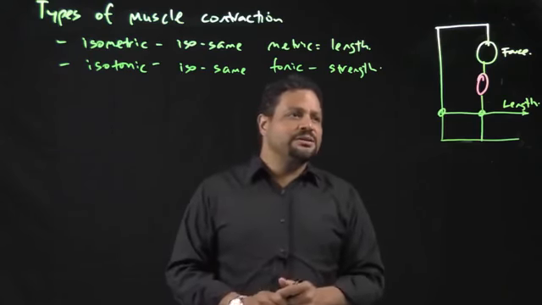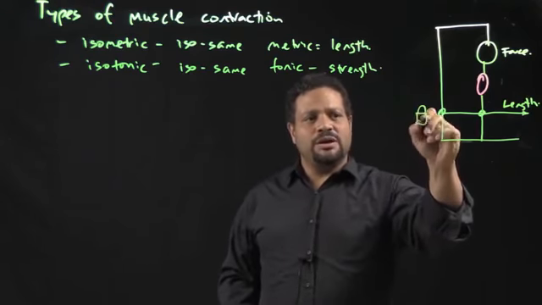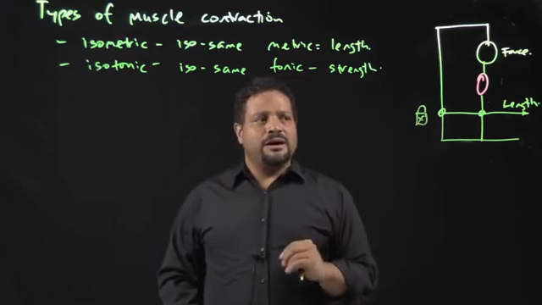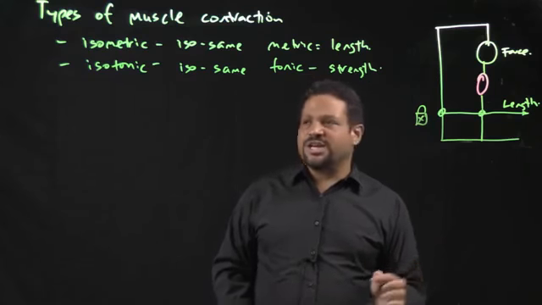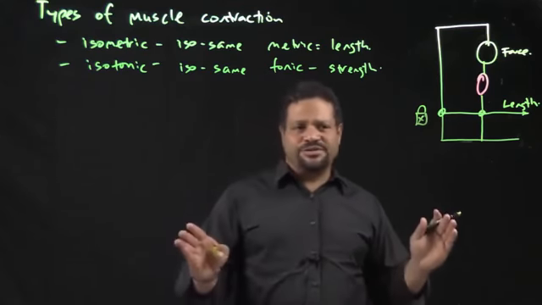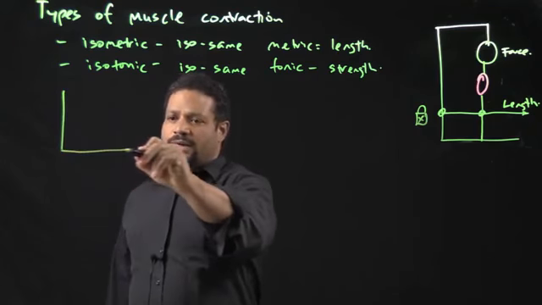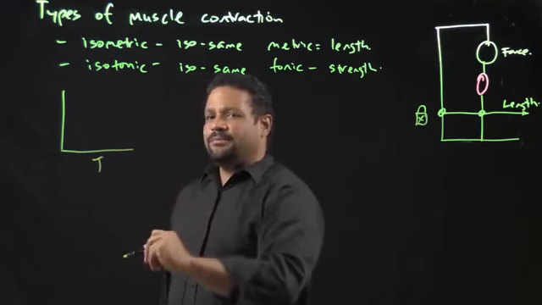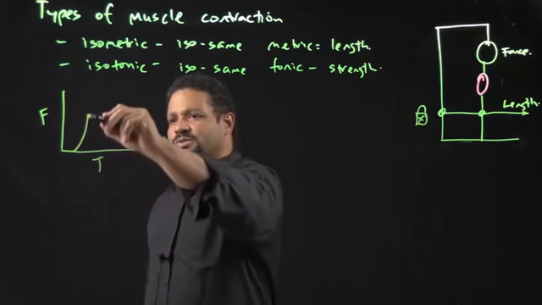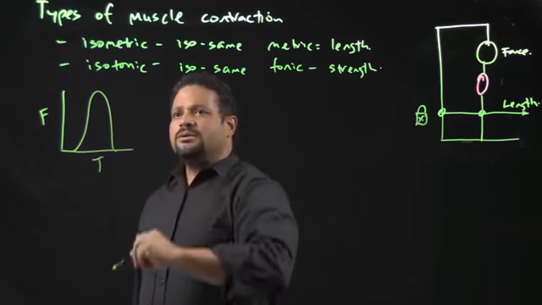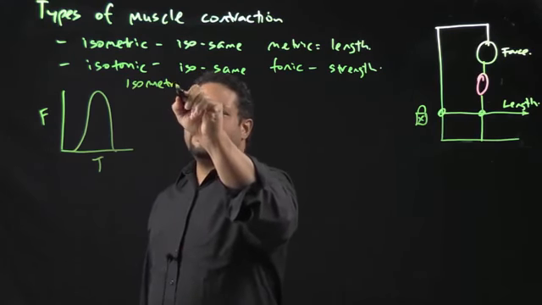Isometric changes, there's no change in length. So what we do is we lock this device from moving, so there'll be no length change. And what an isometric contraction would look like when we measure force over time is this: you get a muscle twitch. So this is isometric contraction.